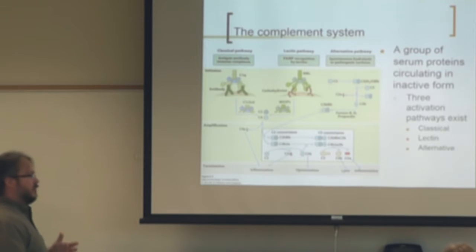C3H2O is constantly forming and disassociating, so you have this constant formation. It's constantly looking for things that it can stick to, and if it doesn't stick to something, it just converts back to C3. So what's this C3H2O?